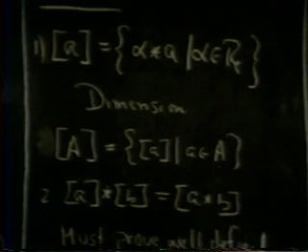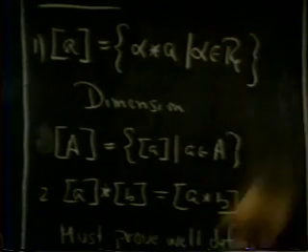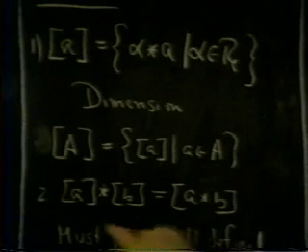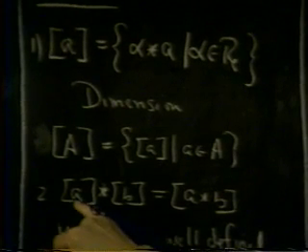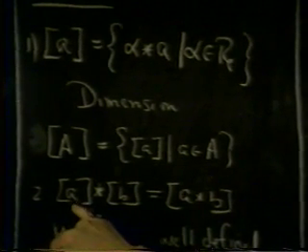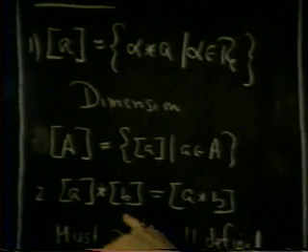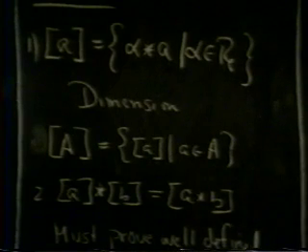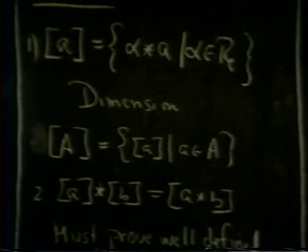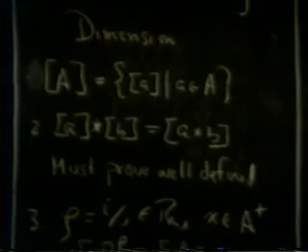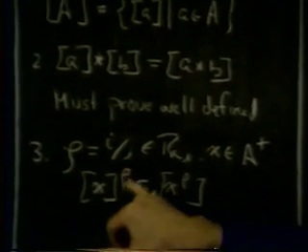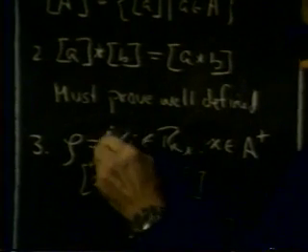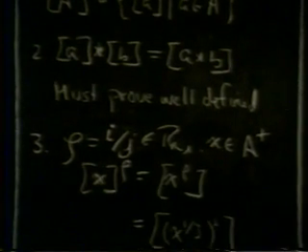Now, as usual in working with equivalence classes, which these are, you must prove that this operation is well defined, that if I choose another element, A prime, that's in the first dimension, and B prime in the second dimension, that I will indeed get the same dimension here, and that's easily verified. We also can define what we mean by a power of a dimension, at least a rational power. We're not going to have irrational powers.